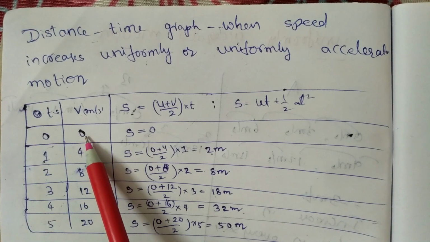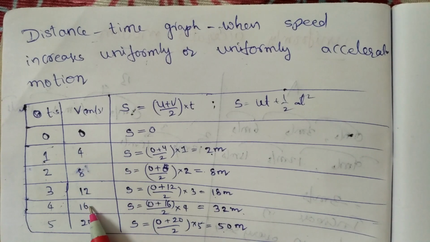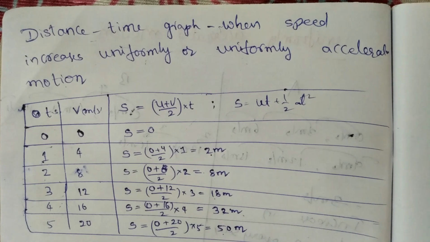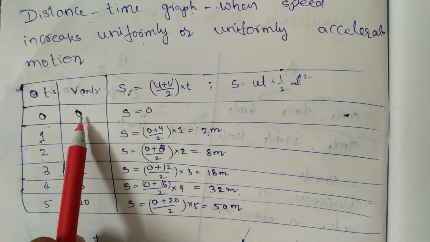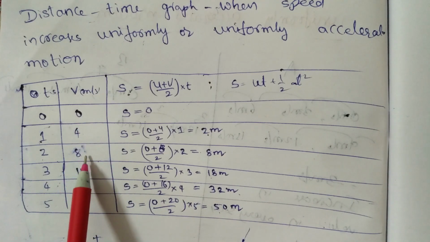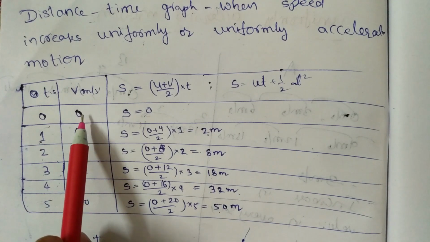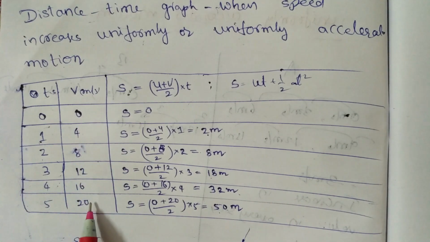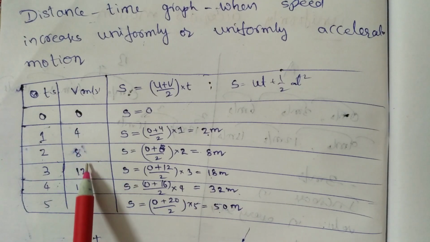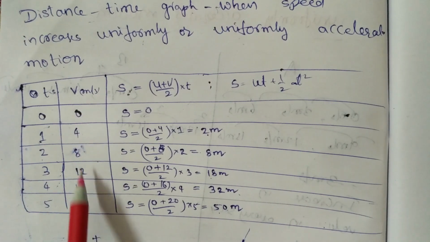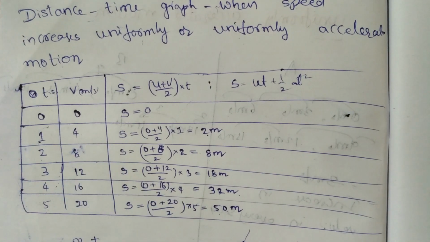The velocity is increasing like this: 0 to 4, 4 to 8, 8 to 12, 12 to 16, 16 to 20. This means the increase in velocity in every second is 4 meters per second, 4 meters per second, 4 meters per second. This is constant. The increase in velocity is constant here, which is acceleration: the increase or decrease in velocity every second is called acceleration.